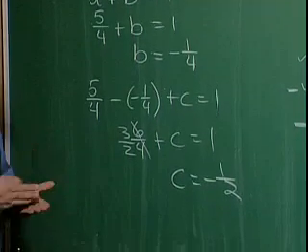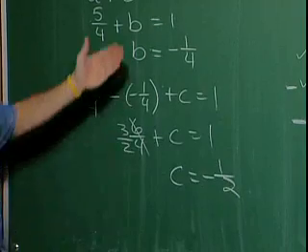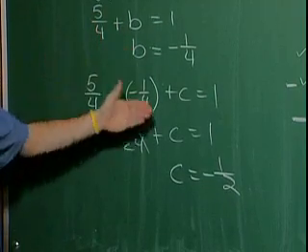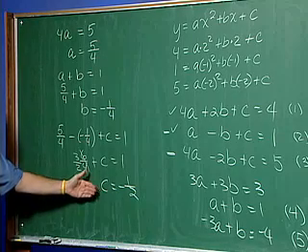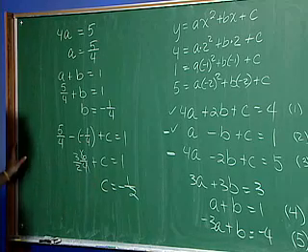So I go back to my equation of the parabola. I have a, b, and c. I plug those into y equals ax squared plus bx plus c.